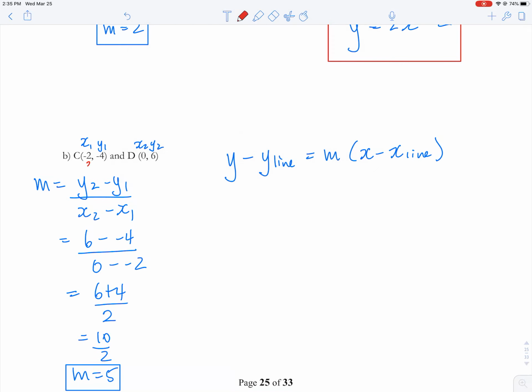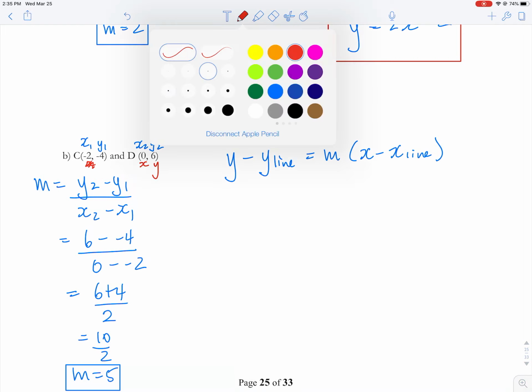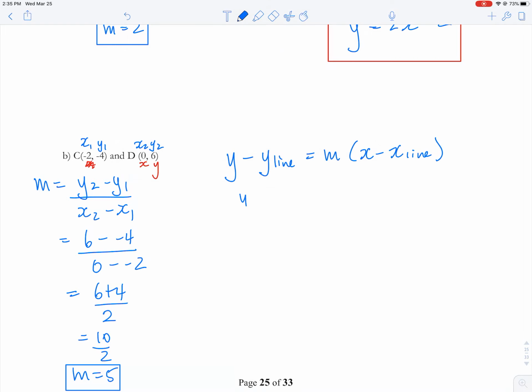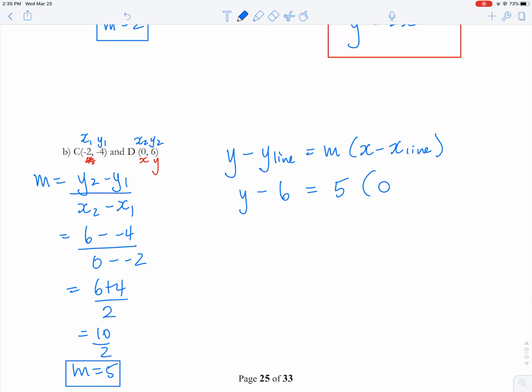I'm actually going to use these because then they're positive. I just think there'll be less of a chance to muck things up. So y minus 6 equals 5(x minus 0). So y equals 5x minus 5 plus 6. So y equals 5x plus 1.